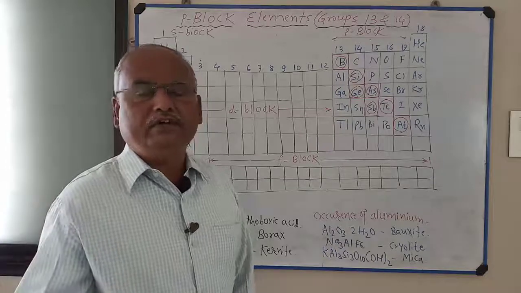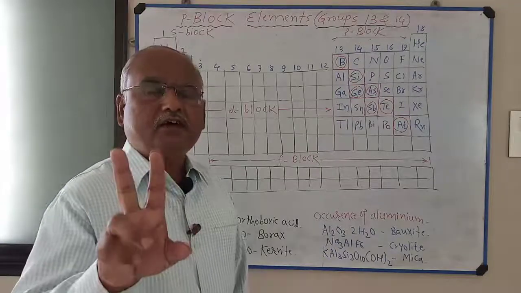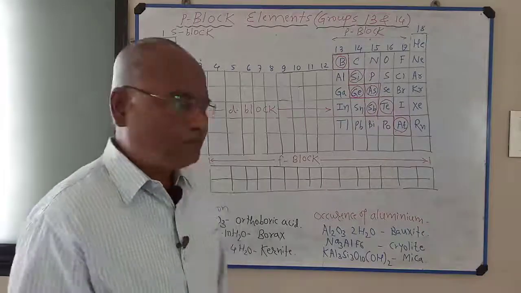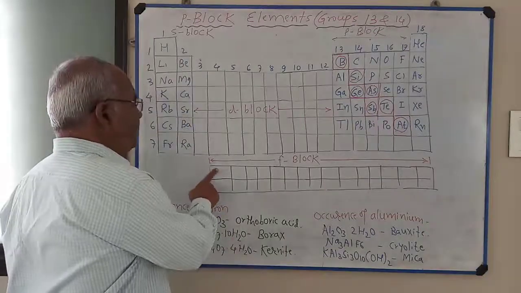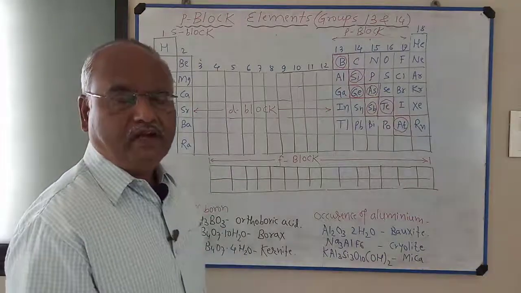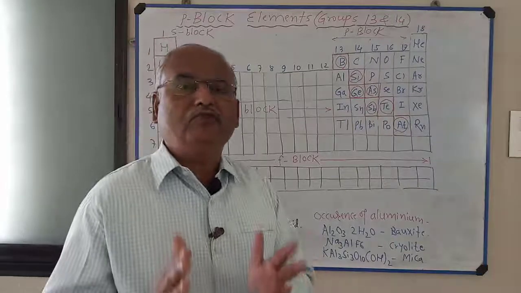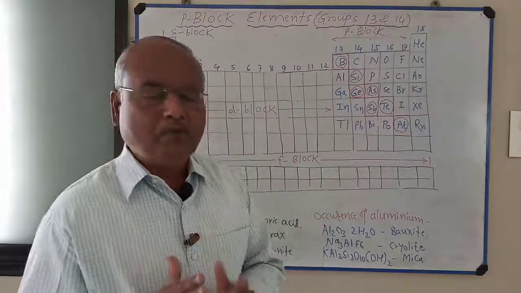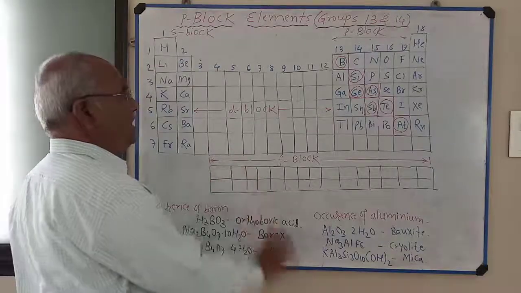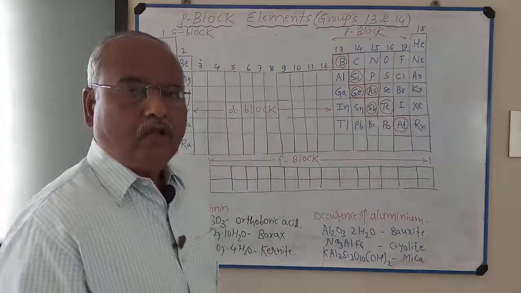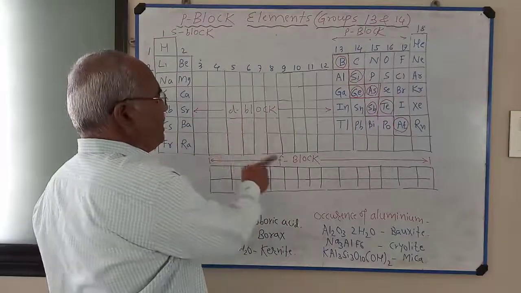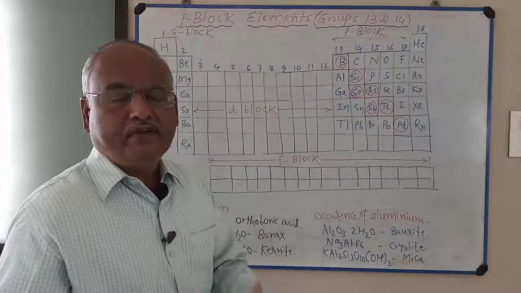There are 2 series of F block elements. One is lanthanoid series and another is actinoid series. You are going to learn D block elements and F block elements in 12th class.